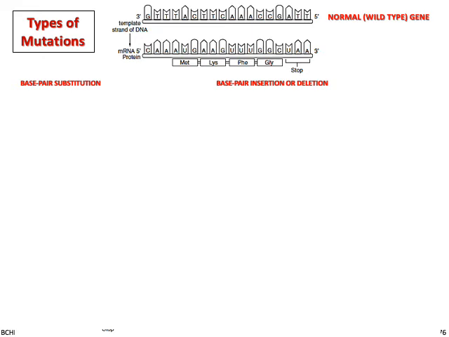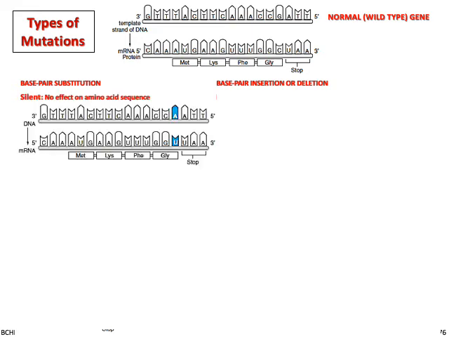There are generally two types of mutation, either base pair substitution or base pair insertion or deletion. You will see a silent mutation in which the nucleotide A is mutated from the original, because originally it was G, if you look at the wild type.